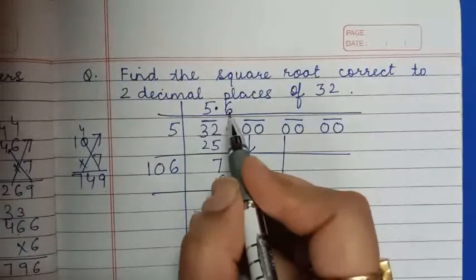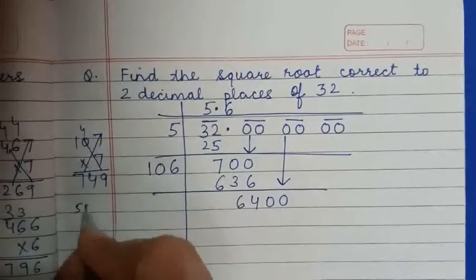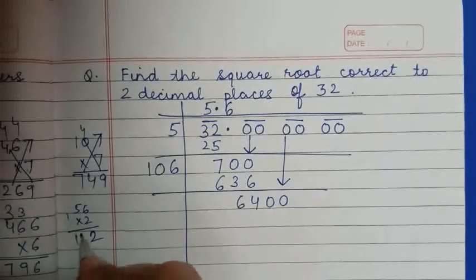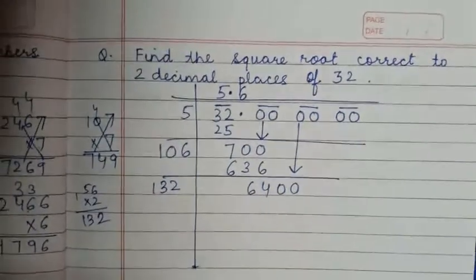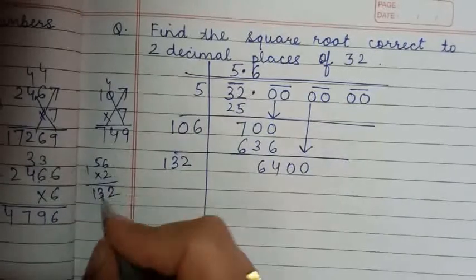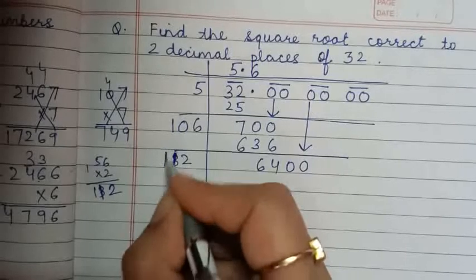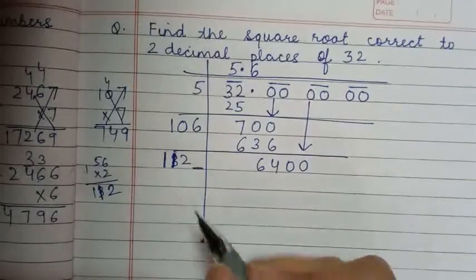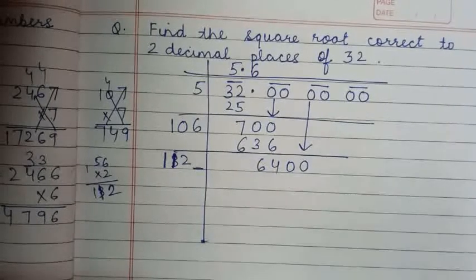Now this is 56. The double of 56 will be how much? 56 into 2: 2 6s are 12, 2 5s are 10, 112. Now what digit do we take after 112 so that it multiplied with that digit becomes equal to 6400?